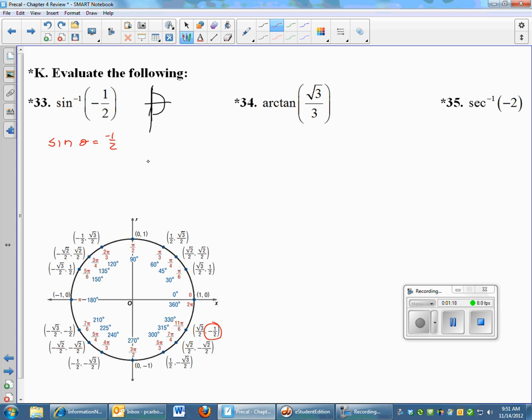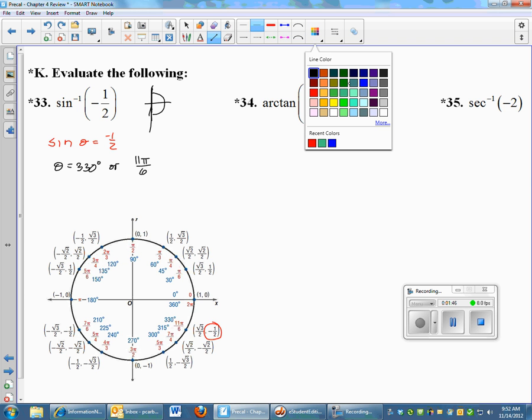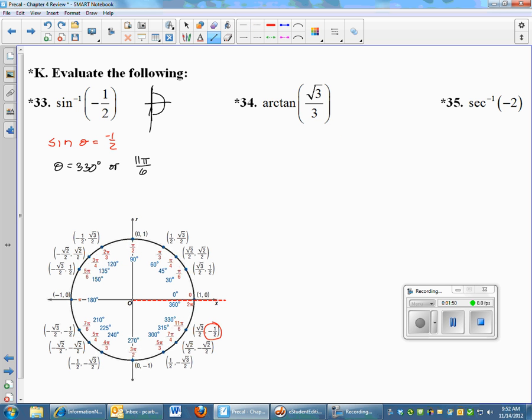Then the second thing you have to remember: you may be thinking the angle is 330 degrees, or if you wanted to answer in radians, 11 pi over 6. You have to be comfortable with both, because these are potential multiple choice questions, and I may give you the radian answer. The problem with saying 330 or 11 pi over 6 is, if you remember, I told you that when you are answering inverse trig questions and you are going into the fourth quadrant, you always go the short distance.